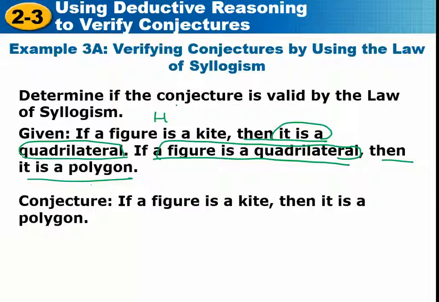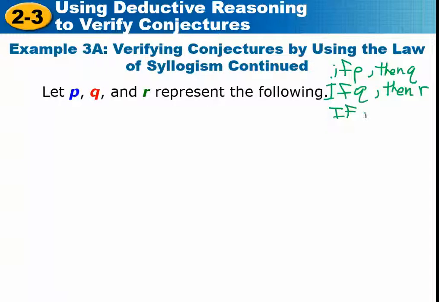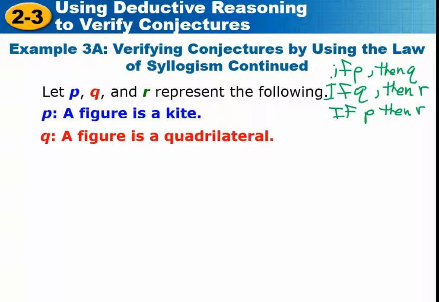Now, they're going to break this up into pieces a little bit more. They're going to use the P, Q, and R. Now remember, using the law of syllogism, if P then Q, if Q then R, means that you can skip over the Q's and write if P then R. So the P is the figure is a kite, the Q is a figure is a quadrilateral, and the R is that it's a polygon.